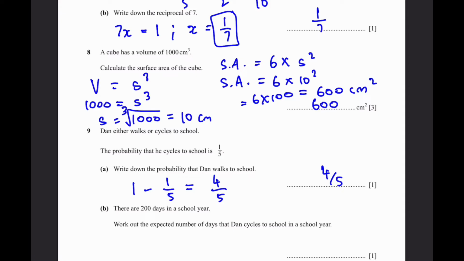Work out the expected number of days that Dan cycles to school in a school year. So the answer is actually just multiply the probability by the number of days. So that is 1 by 5 multiplied by 200, which is equal to 40 days that Dan cycles to school. So the answer is 40.